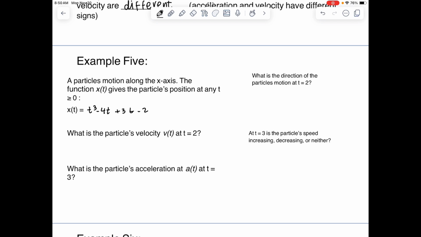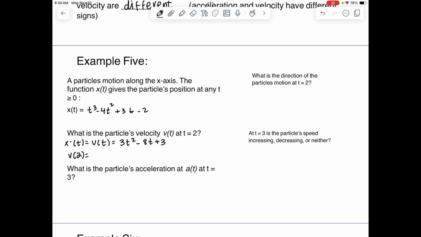It first says, what is the particle's velocity? So let's first find the derivative of position, which is 3t squared minus 8t plus 3. That's the function that represents velocity.